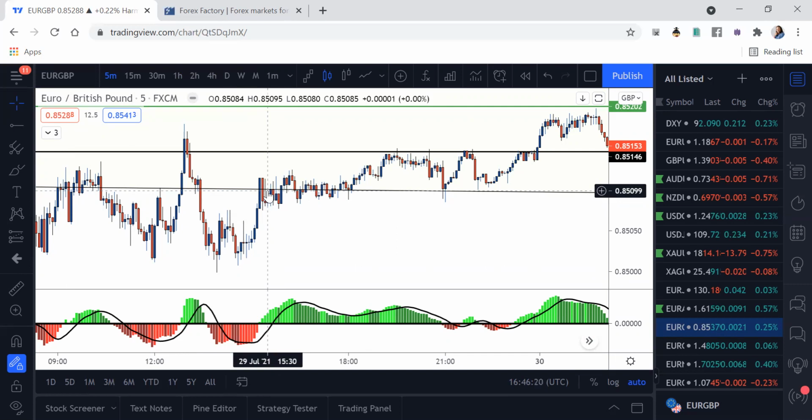Then after that, I want to see the MACD crossing over to show me that Euro GBP has passed on the baton from the sellers to the buyers.